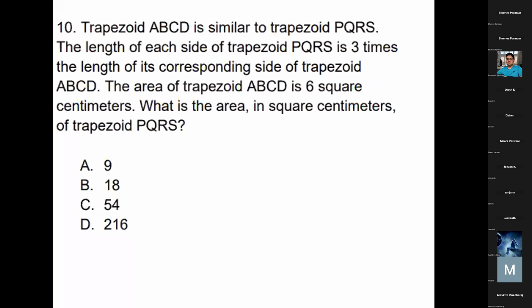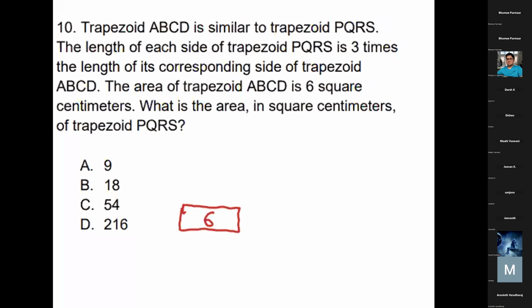Okay, so for this one, the easy way to think about it is that say we have trapezoid ABCD, and then we have trapezoid PQRS, which is 3 times the length. The area of ABCD is 6.